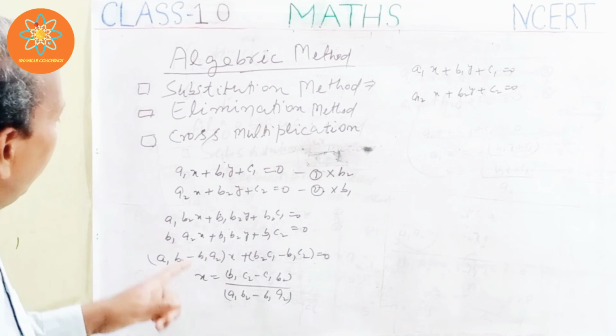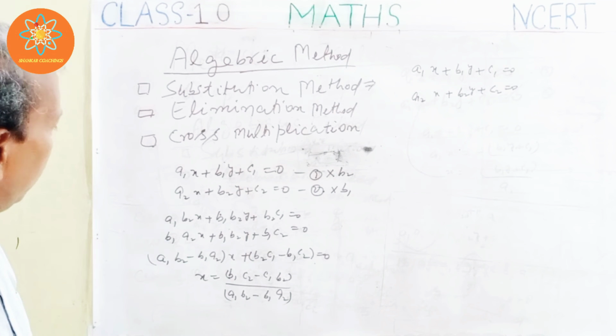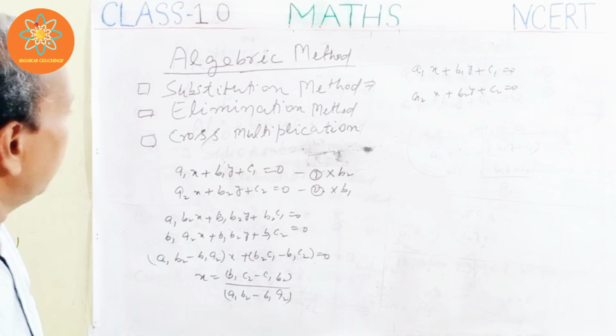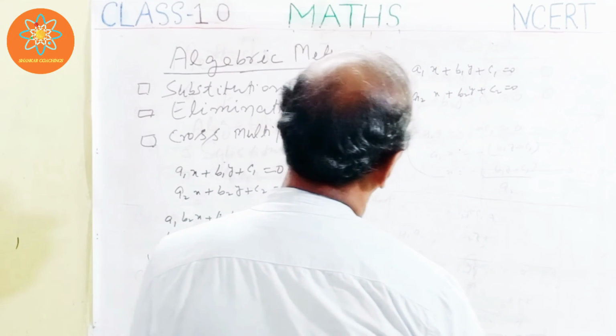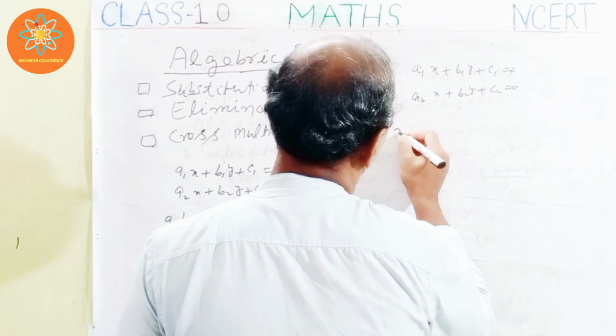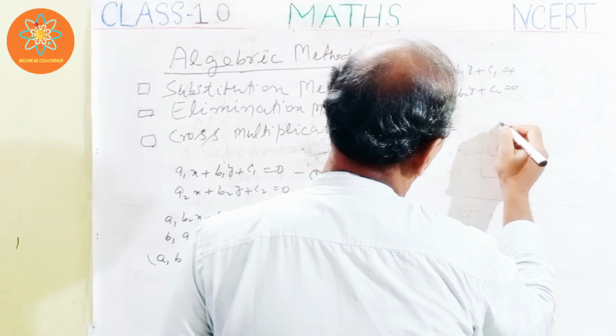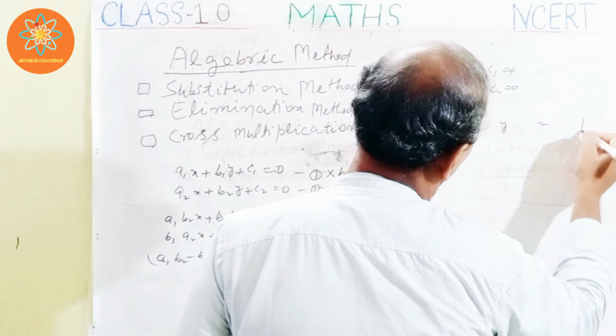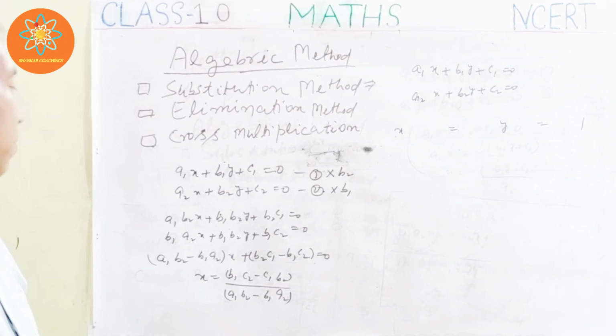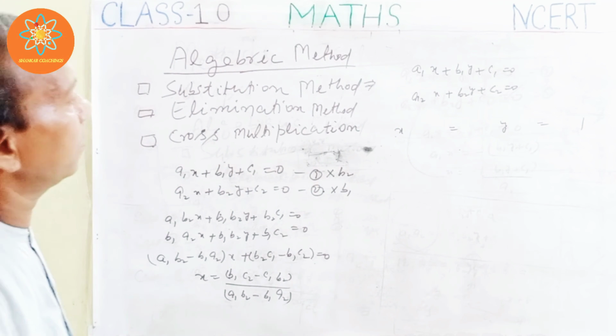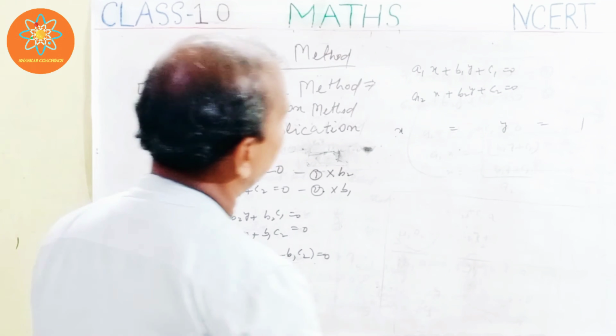Now we are applying the cross multiplication method. So I will write it in this way: x upon, then y upon, then 1 upon. As the name implies, I will use cross multiplication here.